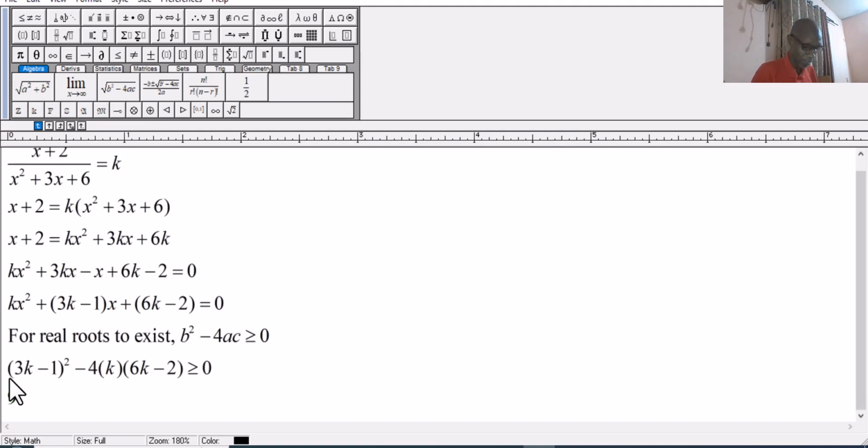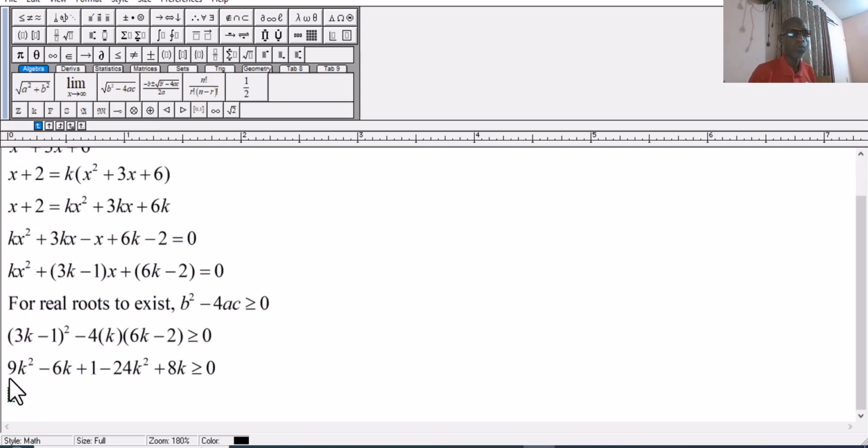This will give us 9k² − 6k + 1 − (24k² − 8k) greater than or equal to 0. So what we have here is −15k² + 2k + 1 greater than or equal to 0.